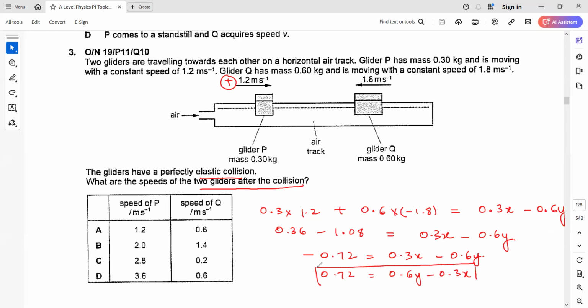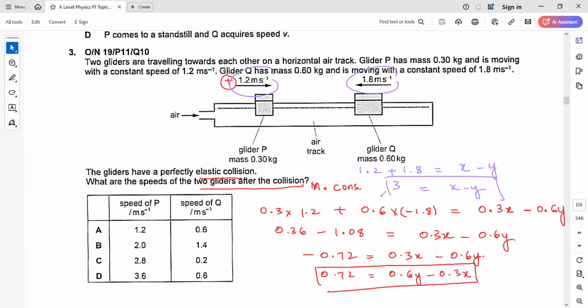That's one of the equations when I applied momentum conservation, before collision and after collision. Now I can apply approach and separation. Speed of approach basically is 1.2 plus 1.8, and speed of separation would be, not v1, let's do x minus y, right? So 1.2 plus 1.8 would be 3, so 3 equals x minus y.